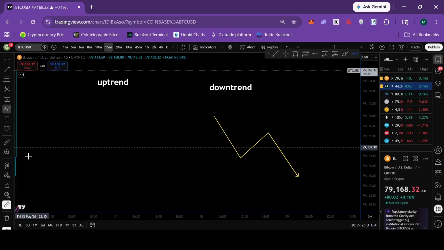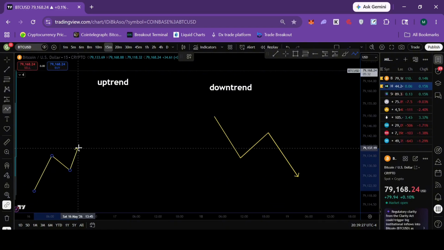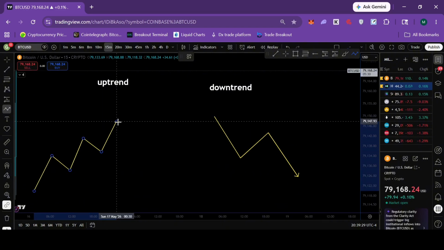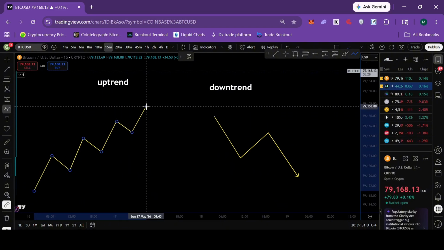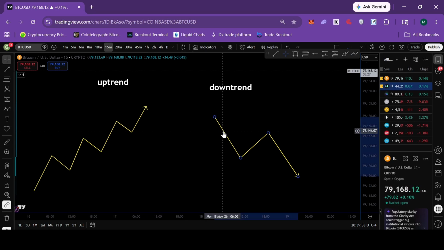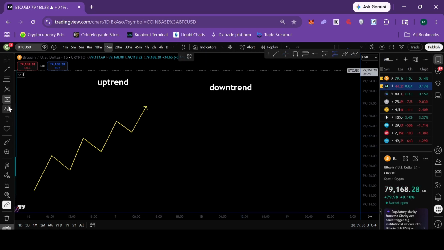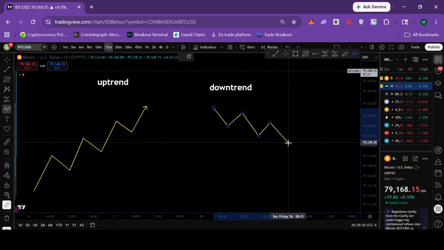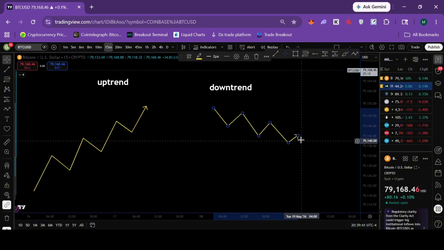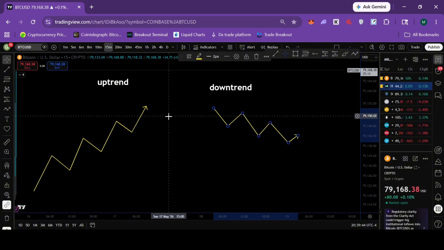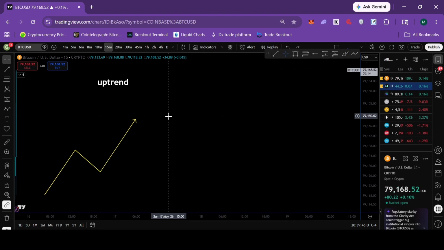And the market can continue to trend upward where you're getting movements like this over and over again. And then same for a downtrend where you can get movements creating lower lows, lower highs, lower lows, and stuff like that, right? So that's how you think of a trend.